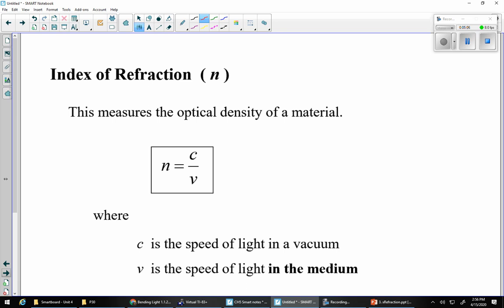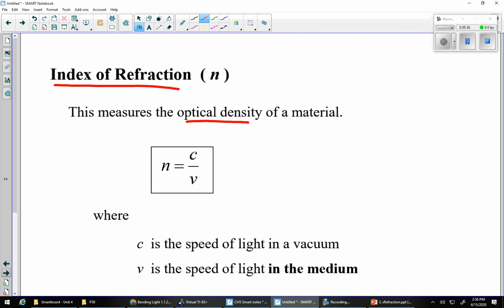Now, when we're talking about the speed of light through a medium, we often talk about the index of refraction, or the optical density. Those two terms are often used interchangeably. The index of refraction is essentially how easy light has passing through a particular material.